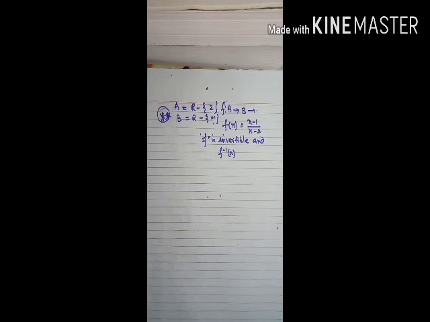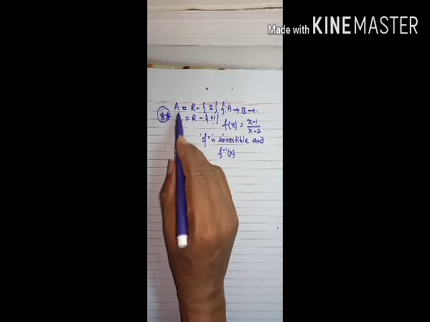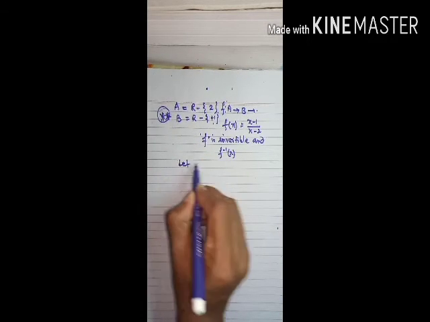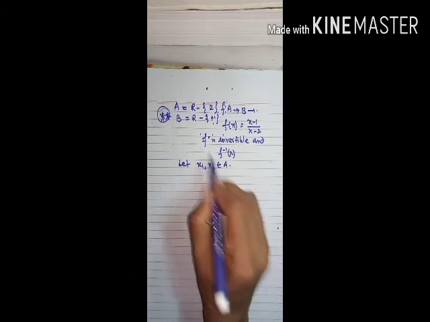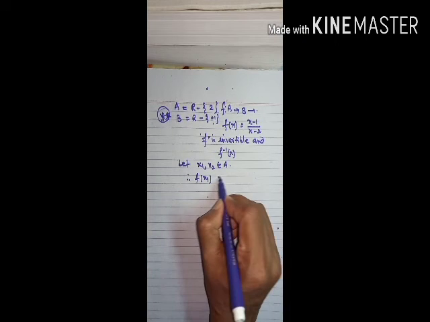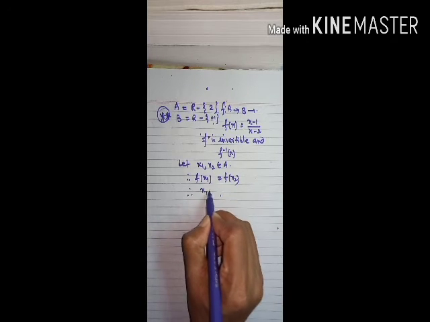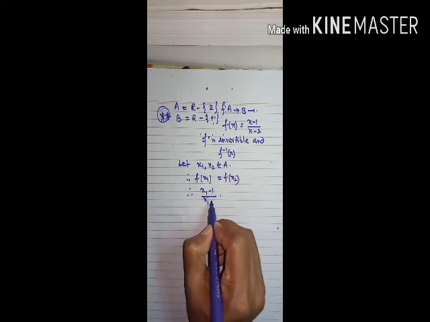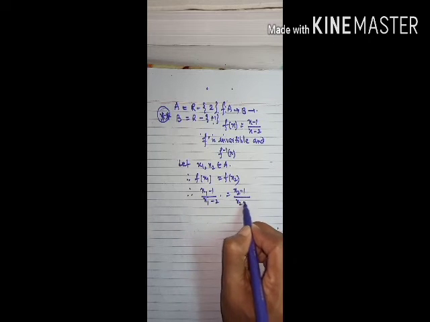See, let x1, x2 belong to A, elements of A. So write f of x1 equal to f of x2. So we can write (x1 minus 1) by (x1 minus 2) equal to (x2 minus 1) by (x2 minus 2).